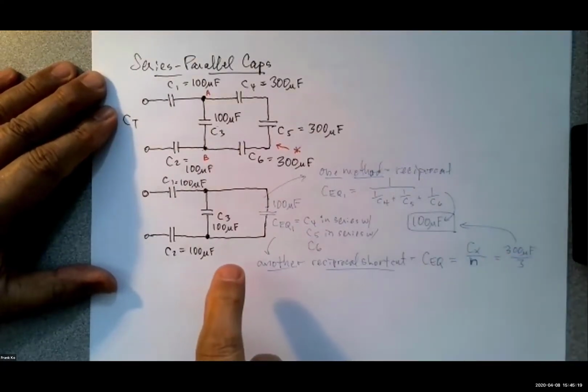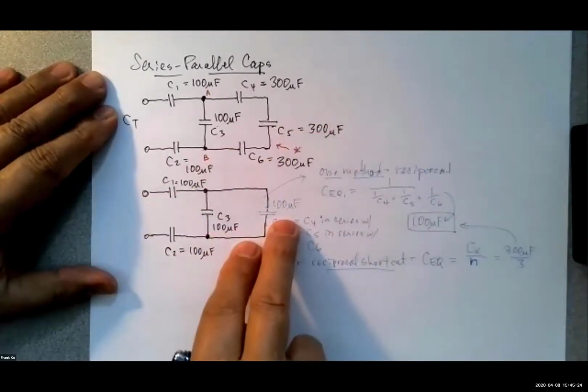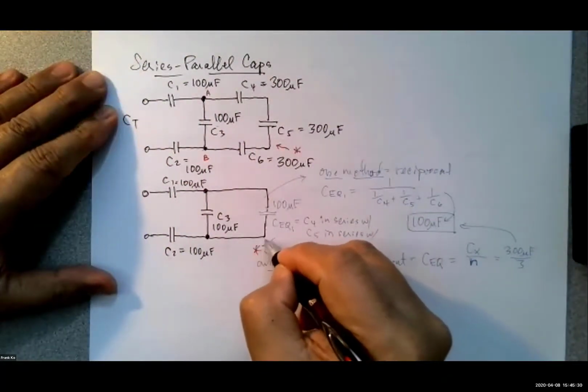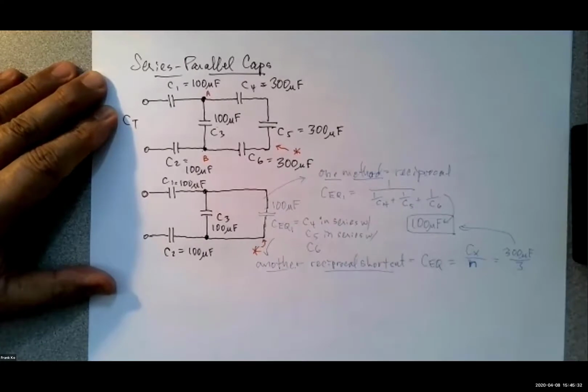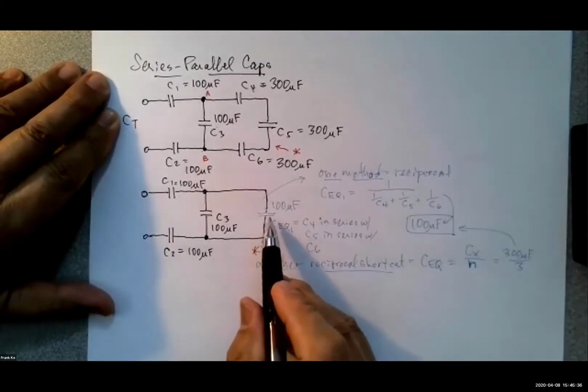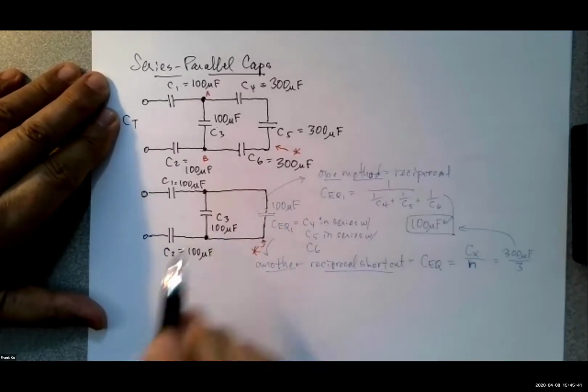Now, we have taken 6 capacitors and brought it down to 4. Our viewpoint is still from this perspective, looking at this corner, and we happen to see a capacitor here. What is the capacitor CEQ1, and what is its relationship with C3?